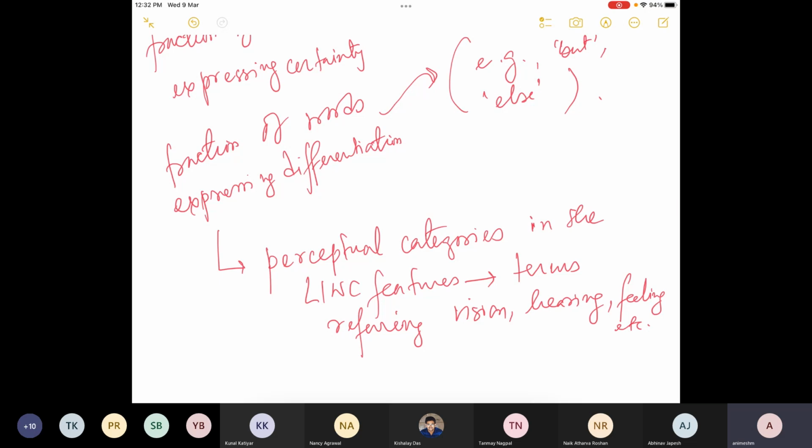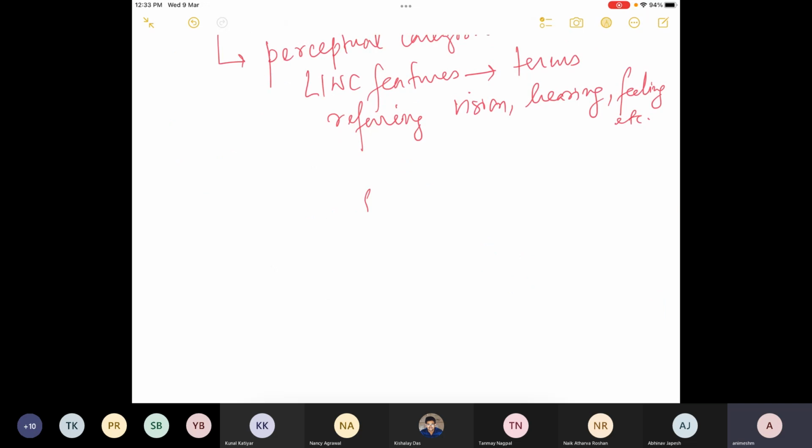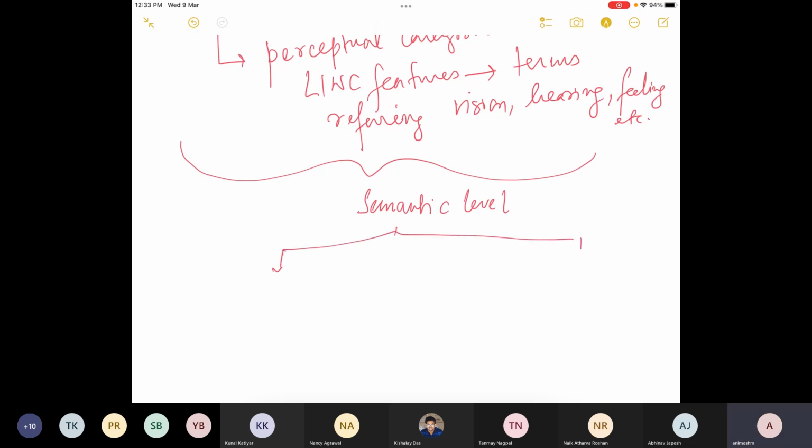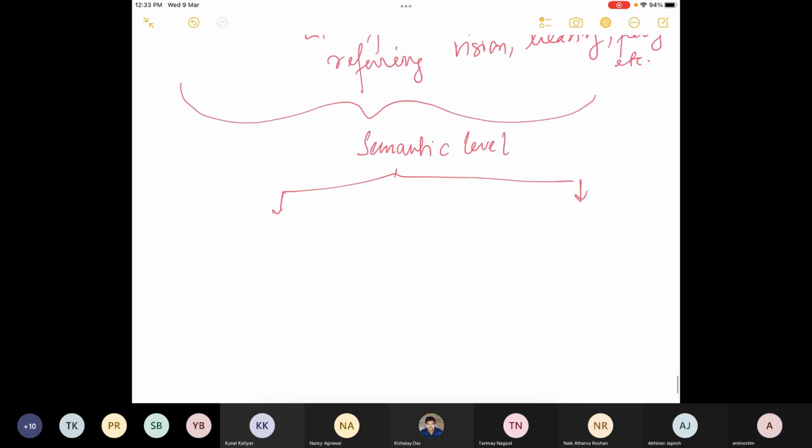So all these were their semantic level features. To recapitulate the semantic level features, whatever we studied so far, these were broken into two parts. One was headlines, one was body.